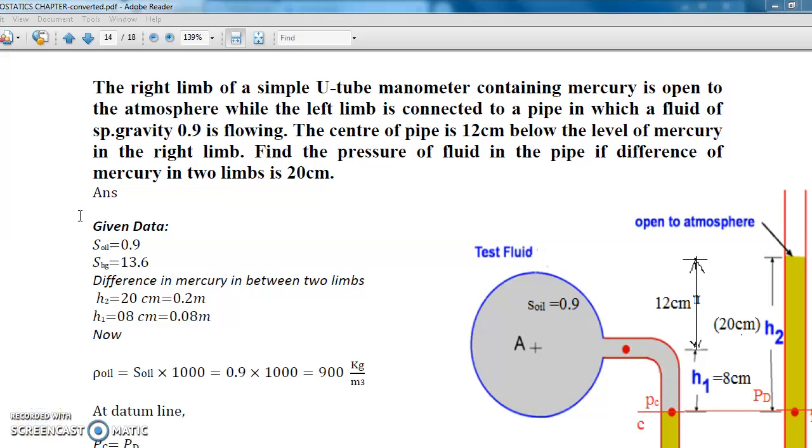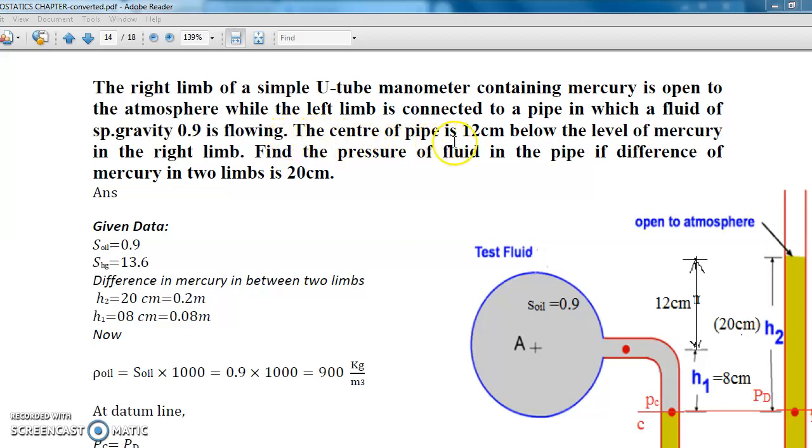Okay student, now we are going to the next problem. First you read the question. The right limb of a simple U-tube manometer containing mercury is open to the atmosphere while the left limb is connected to a pipe in which a fluid of specific gravity 0.9 is flowing.